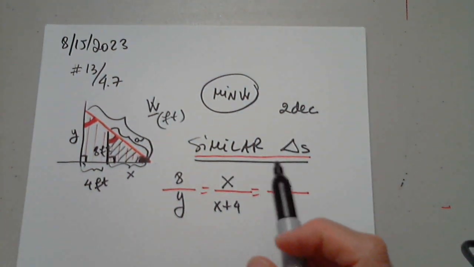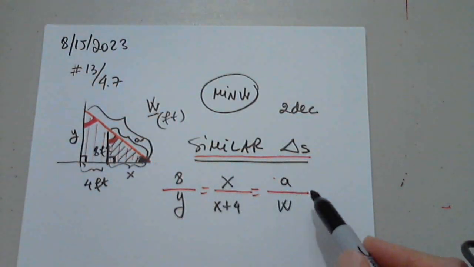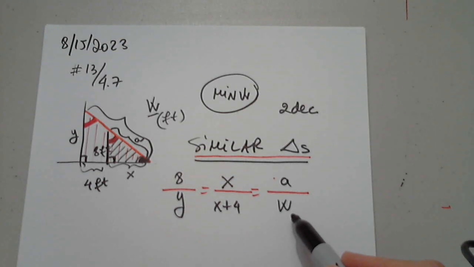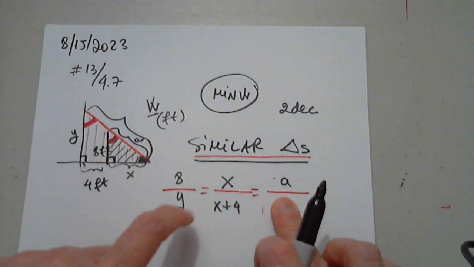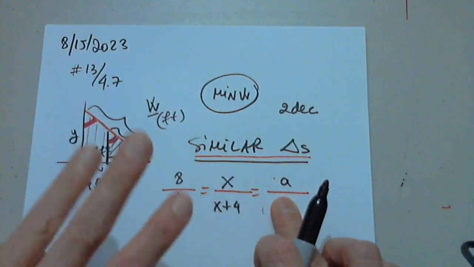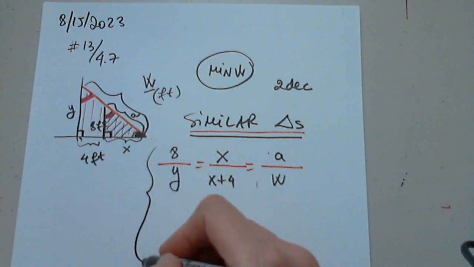Obviously, I have a lot of unknowns here: y, x, A, and W. Way too many, but W is my function, and I have 3 other variables, so something has to go away. Okay, that's one equation.